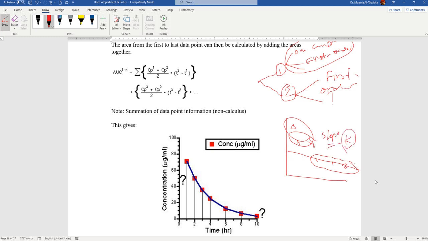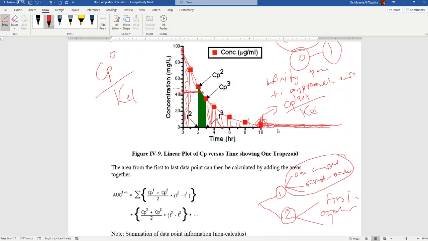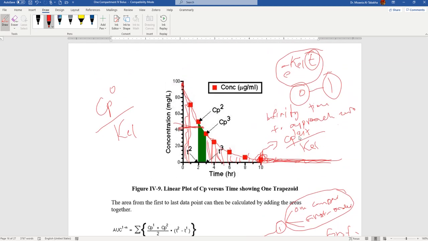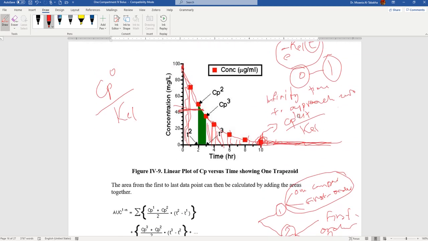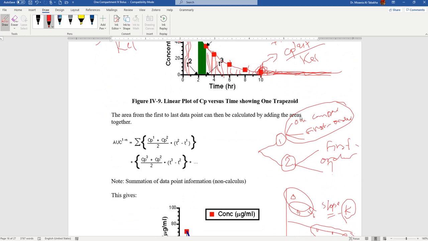هلا minus K هون, do not refer to KEL because we don't know if we have one compartment or not. Okay, so we'll just use K. In this case, your last area will be CP last divided by K. You got it? طيب, to make it simpler, we will use the first assumption for now.